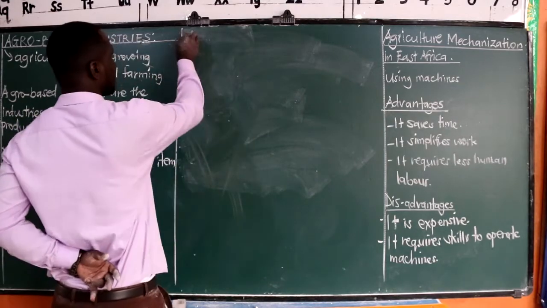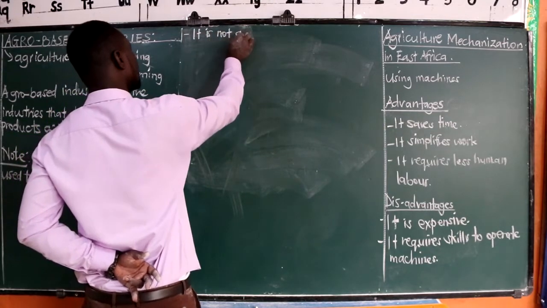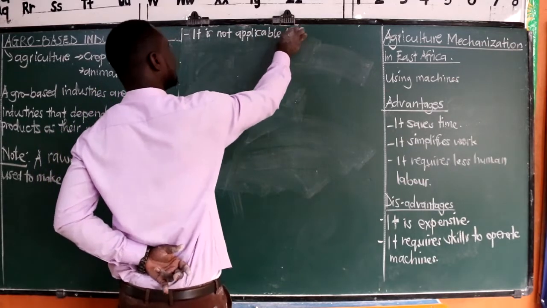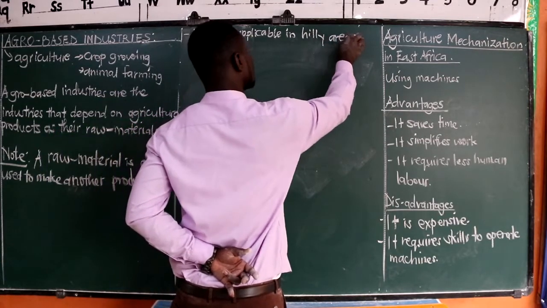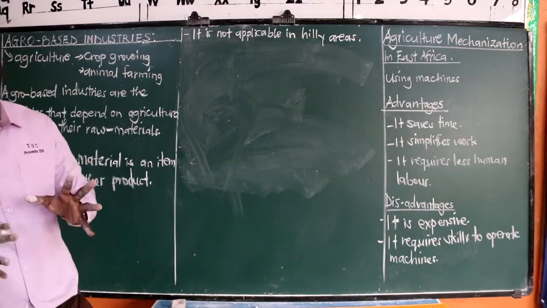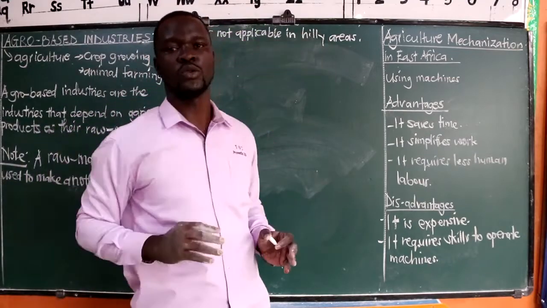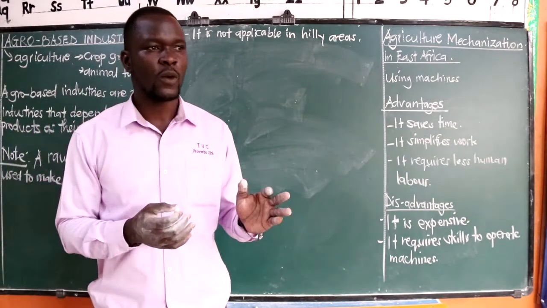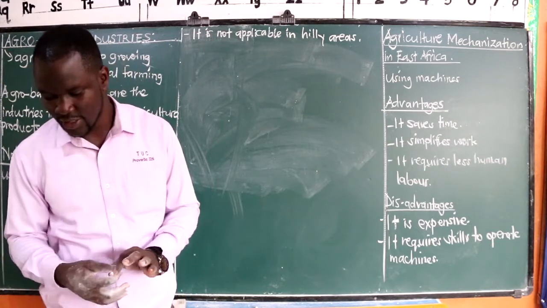So as our third one, it's not applicable in hilly areas. And this is due to the topography of such places. You will find that tractors may not be able to go across the hills. They might end up falling. So that is why that method may not be good in some areas.